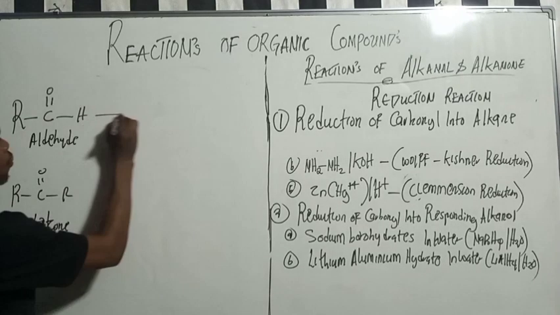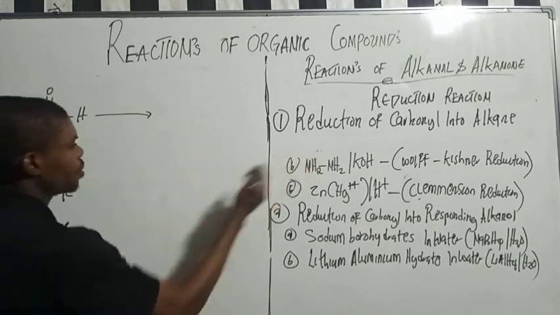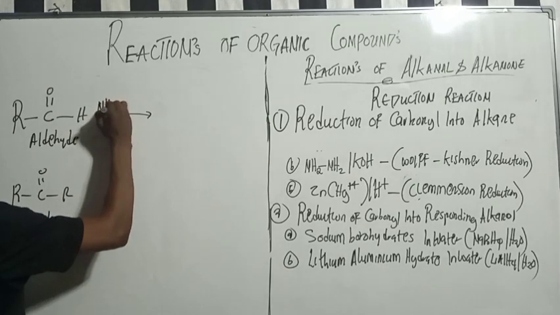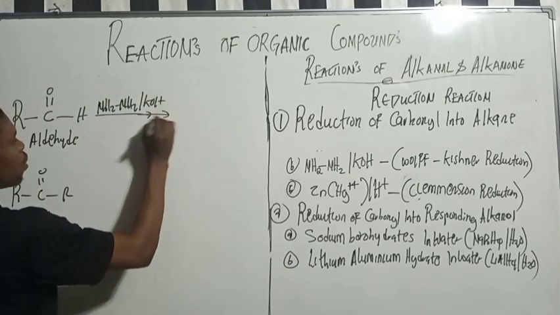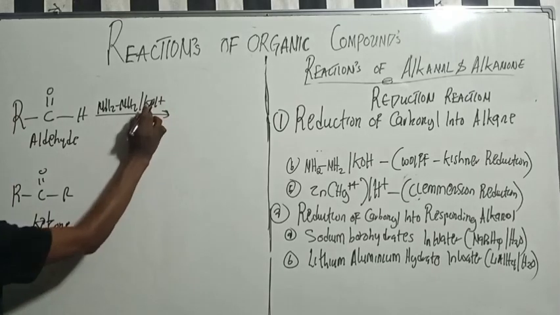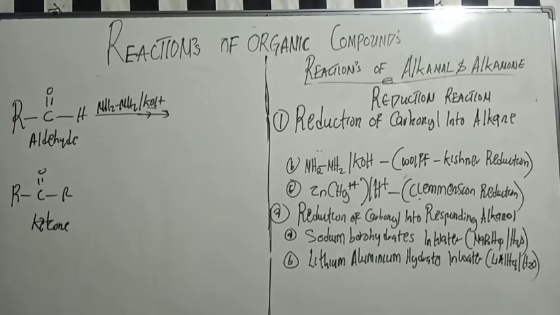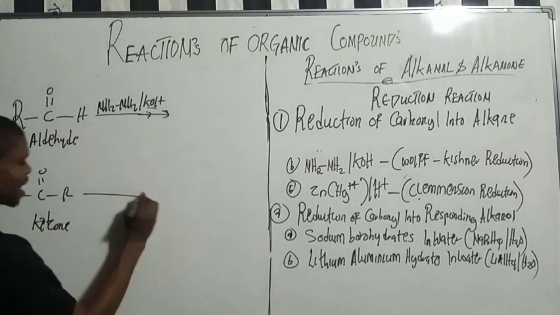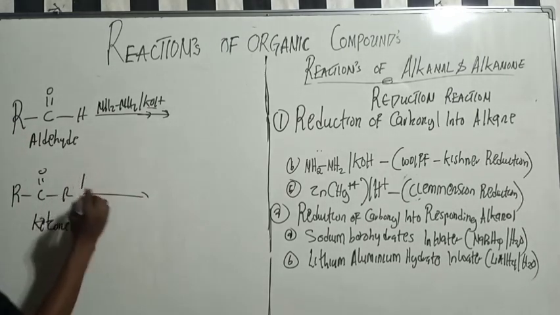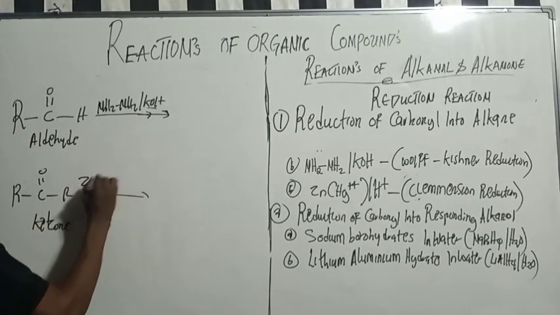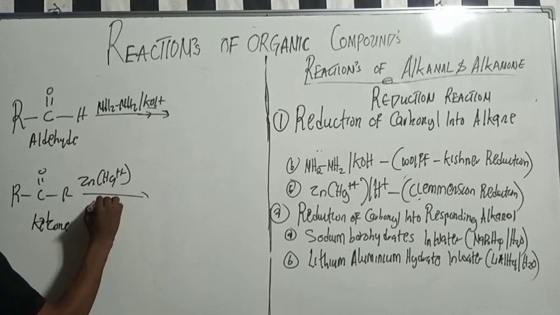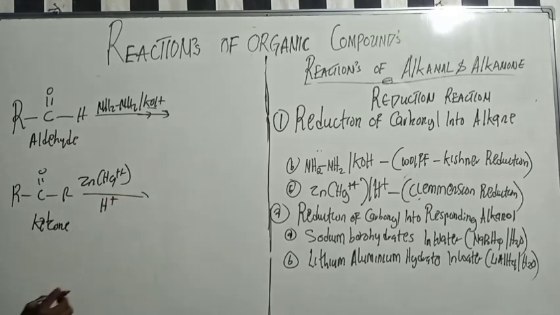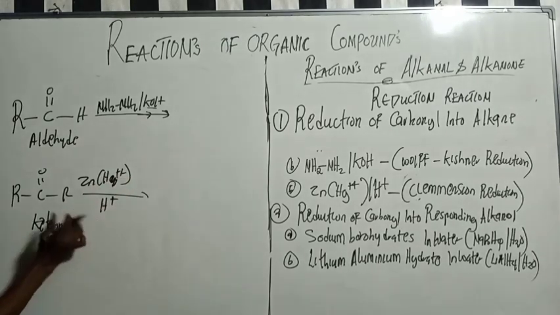So now when you reduce it with any of these reagents, H2NNH2 with a strong base, there must be a pair of a strong base. Now the same here, I can use the zinc amalgam, then here I have H plus. So this will also reduce it.